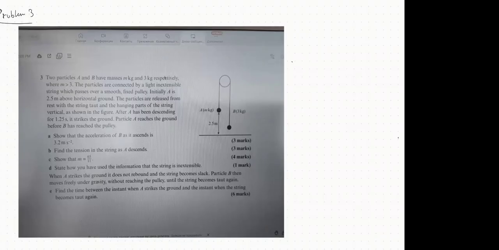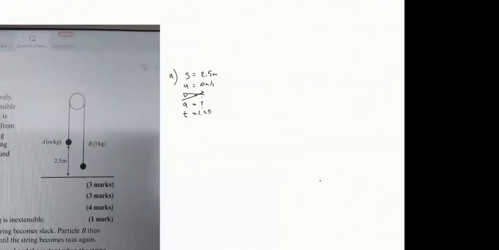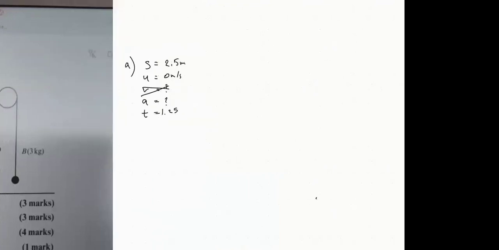So for A, I'm going to try to use SUVAT. So the distance is 2.5 meters. The initial velocity is 0. Final velocity we don't know, and we're not looking for it. Acceleration is what we are looking for, and time is 1.25 seconds. So it looks like we can find acceleration. That's nice. So let's just choose an appropriate equation.